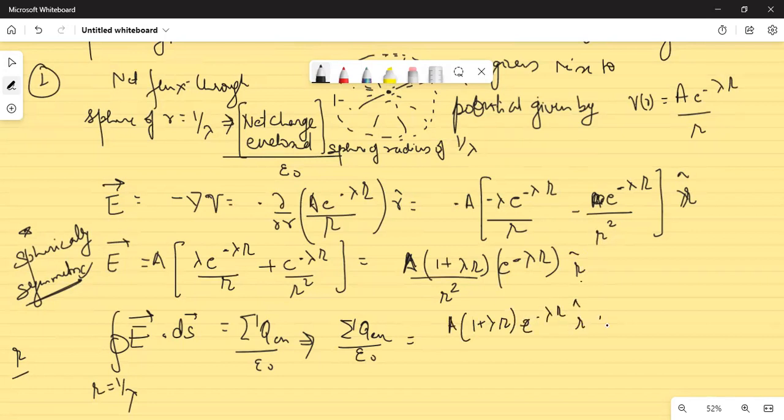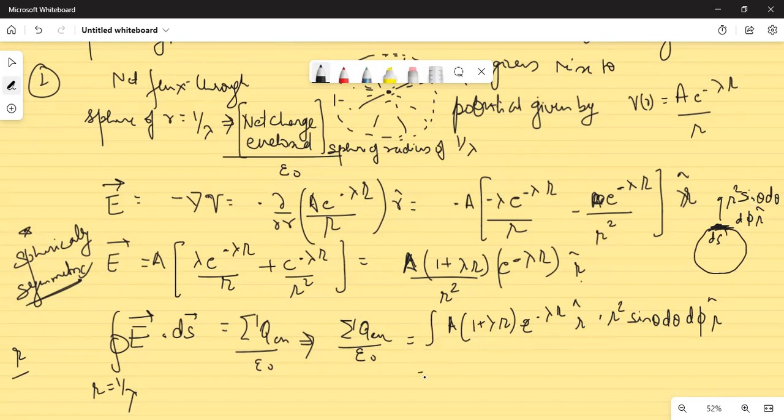The area element patch on the surface is given by r square sine theta d theta d phi r cap. So this patch on the sphere has the differential element dS given by r square sine theta d theta d phi, and this expression will give you the net charge enclosed. There is an r square here also, so it will get cancelled.